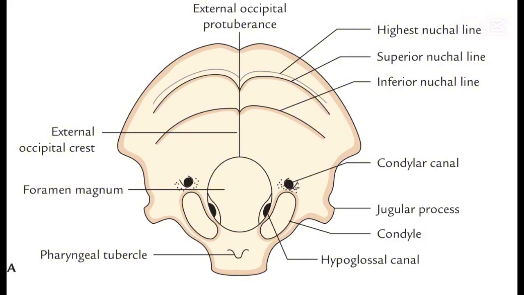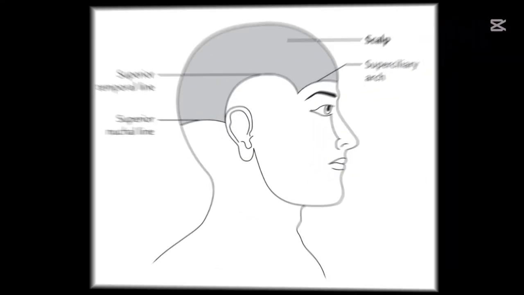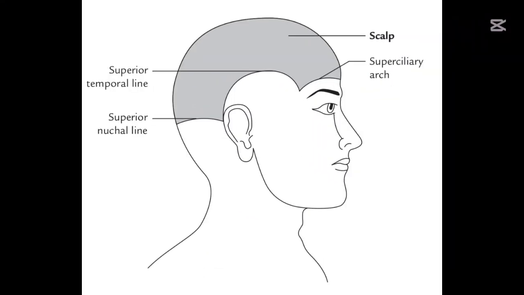By the side, it attaches to what we call the superior temporal line. So you have the superior nuchal line at the back, the superciliary arch in the front, and the superior temporal line by the side. The superior temporal line is on the temporal bone, and it continues with the zygomatic part of the temporal bone, which attaches to the zygomatic bone.